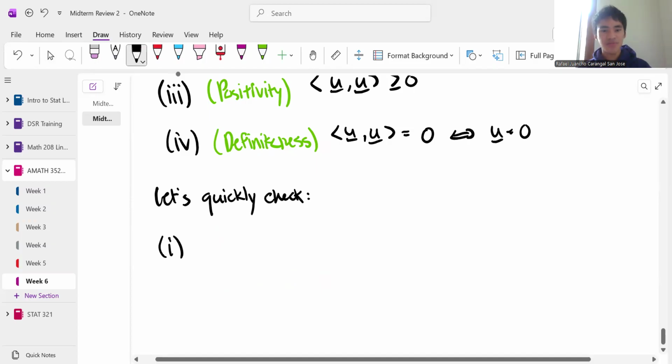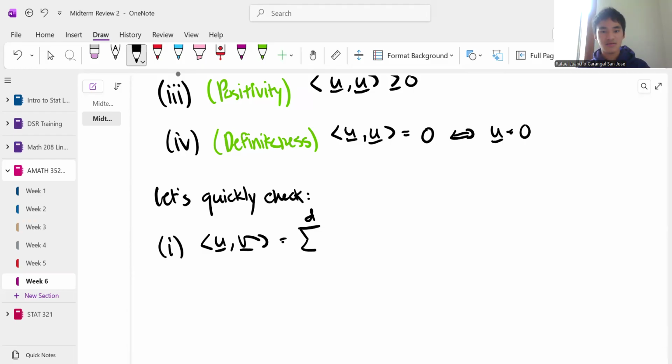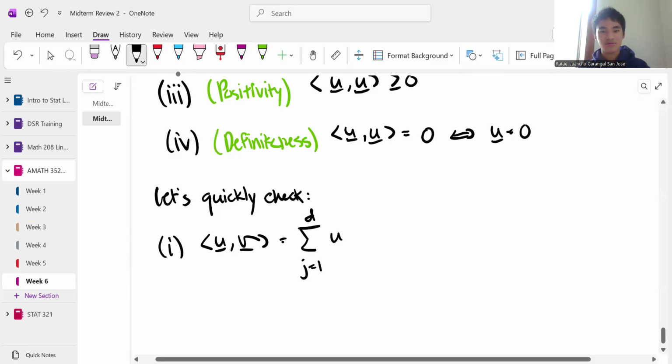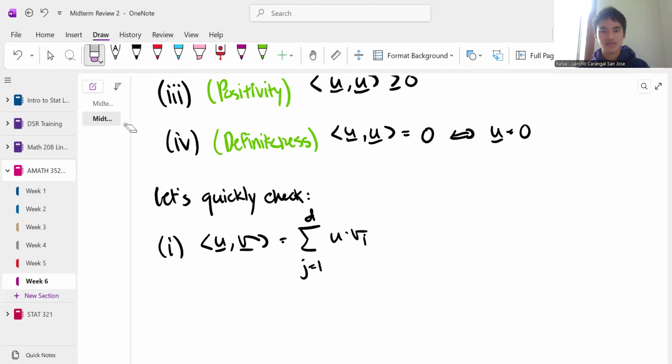Start with number one. So we're saying that this is symmetry, right? So this is the same thing as a summation to D, then this goes from J to 1, u sub j, v sub j, not I, I said I, meant J. And actually we've seen this idea, but this is the same thing as v sub j, u sub j.